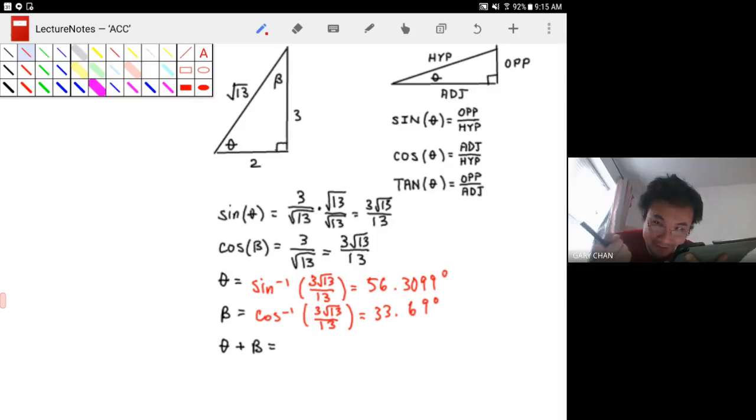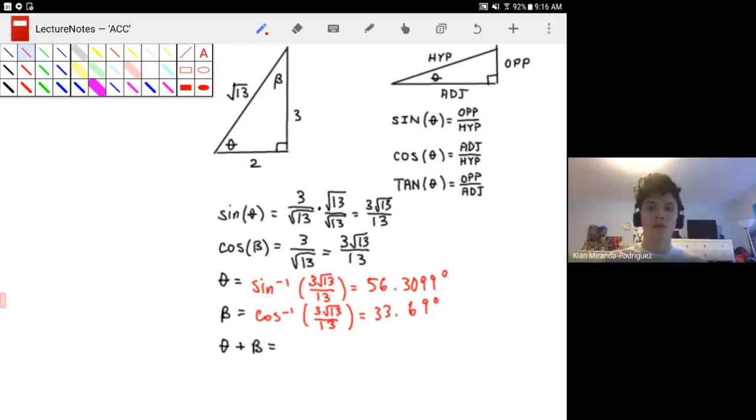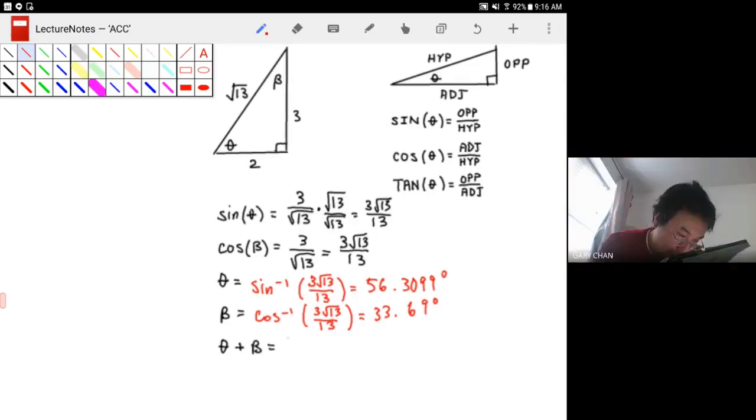All right, when Kian tells us what that is, then I want you to tell us how you came to that hypothesis, Emmett, okay? So we just add up theta and beta. So that would be 89.9999, or just approximately how much? Approximately 90, right?